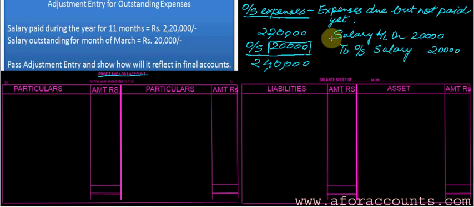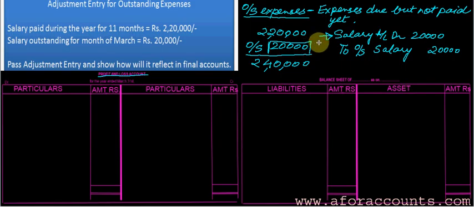Why salary account debit? Understand the concept first. Salary account is debited because this is my expense. Already 2,20,000 has been debited, but 20,000 is my expense and I need to record it this year also.